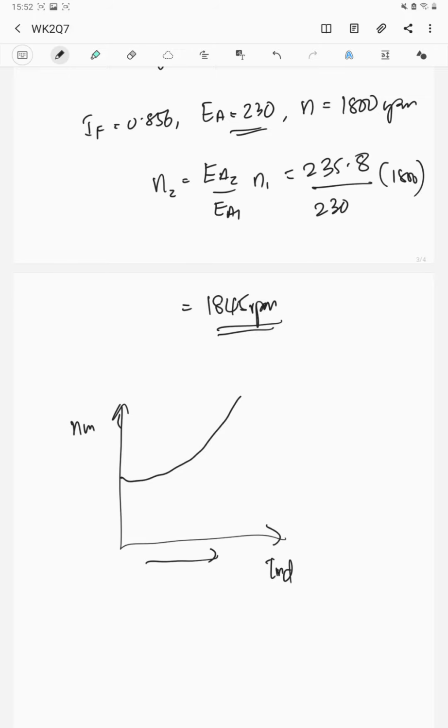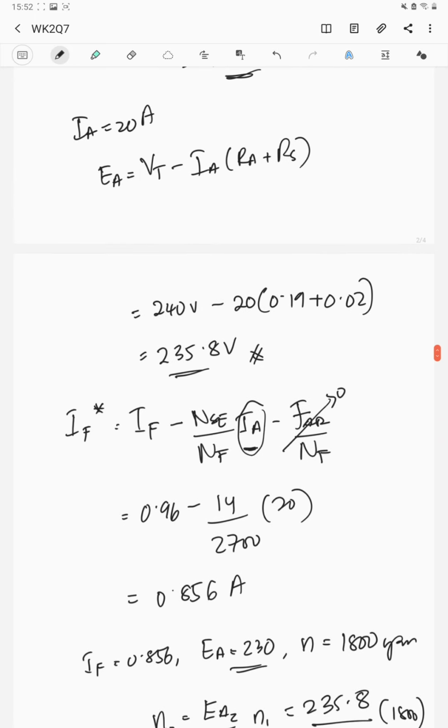We can also see that it is impossible to start such a motor, because at starting conditions IA is very high, and since the series flux subtracts, the series field can actually reverse the magnetic polarity of the machine pole.